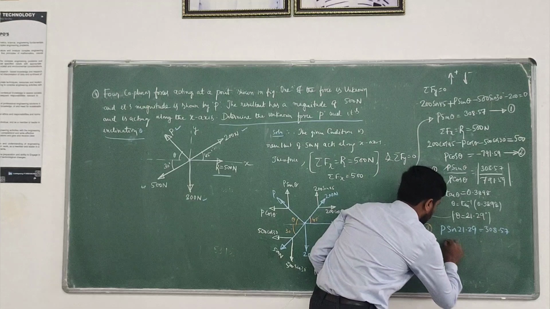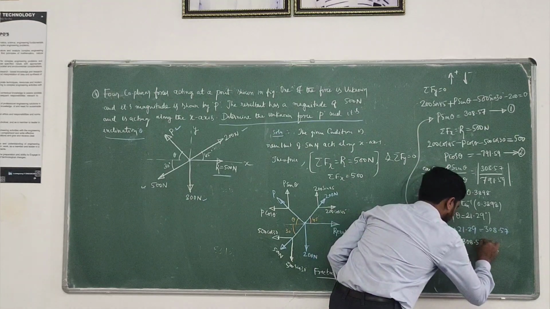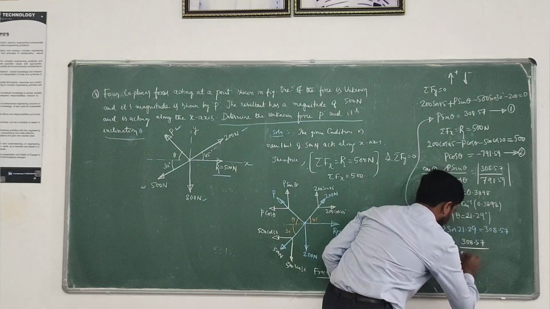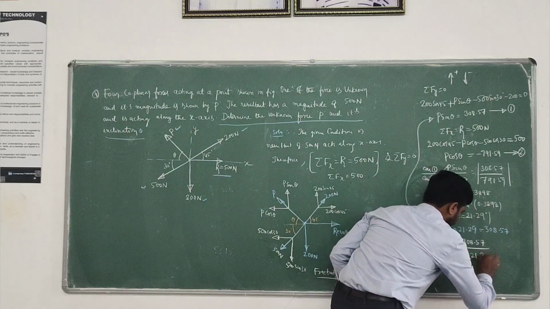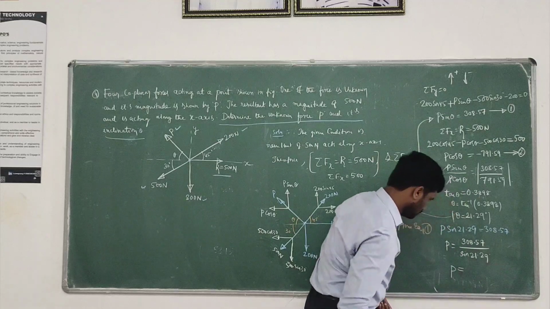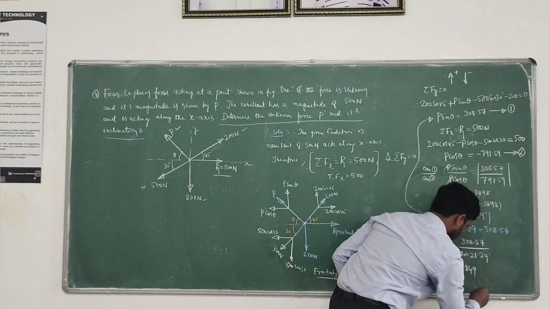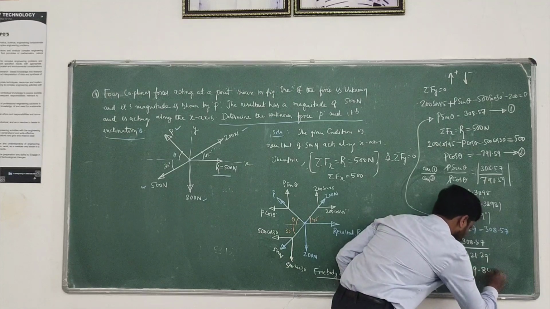Now the P value: P equals 308.57 divided by sin 21.29. So how much is the P value? 849.84 Newton.